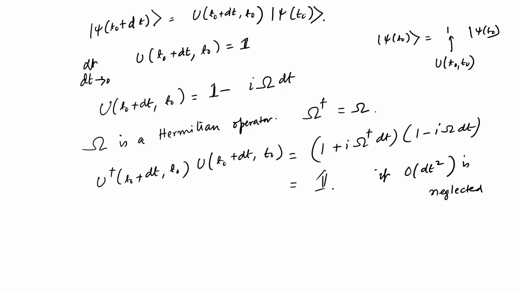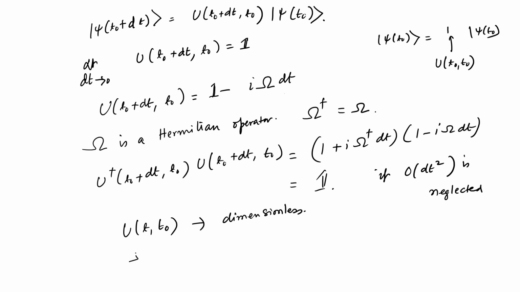Now this omega can be identified. U(t, t0) is really dimensionless, between any two times, so omega has to have the dimension of inverse time, which is known as a frequency.